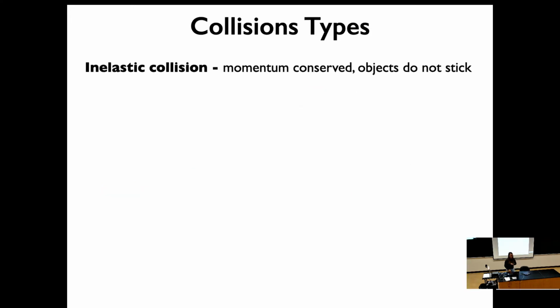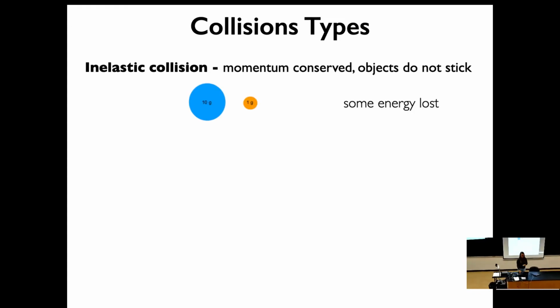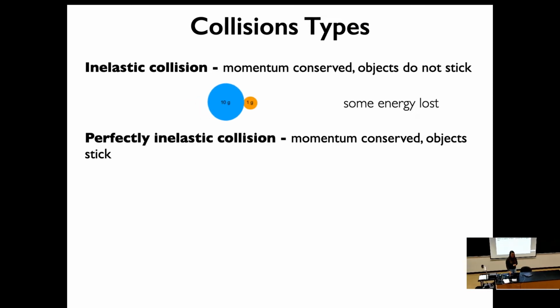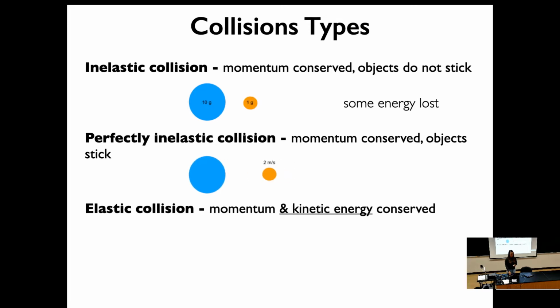All right, so let's break these down into types. An inelastic collision is when momentum is conserved and objects don't necessarily stick together. A perfectly inelastic collision is when objects stick together and move as one object after the collision. An elastic collision means that momentum and kinetic energy are conserved.